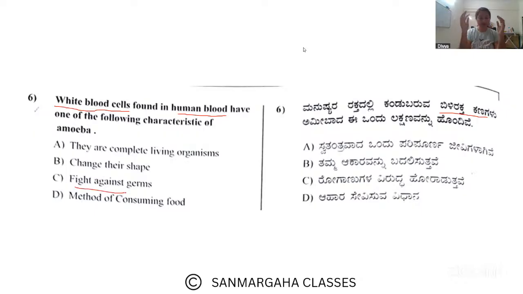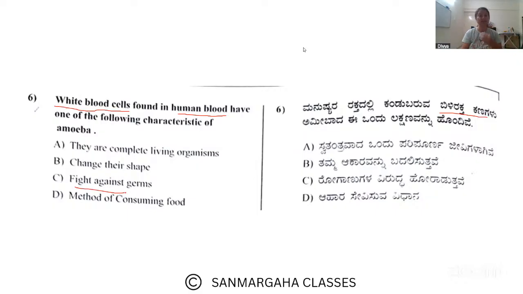So when a foreign body enters our body, when a foreign object enters our body, what is a foreign object? Bacteria, viruses, things that are not part of our body, whatever enters our body from outside, we call it a foreign object. So when those objects enter our body, white blood cells start fighting against them.